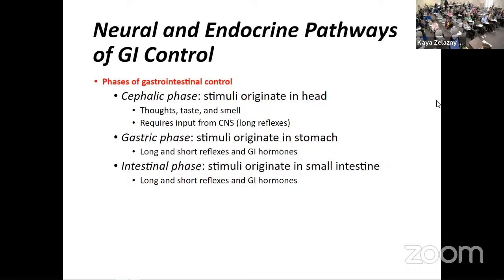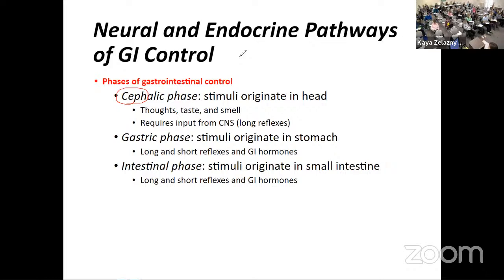Anytime you see this root, ceph, that refers to the head. I think it must be Greek. So the cephalic phase of gastrointestinal control all has to do with stimuli originating in the head, aka far away from your gut.